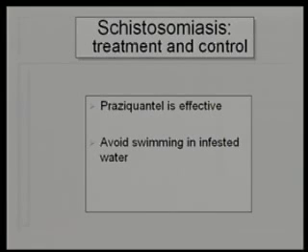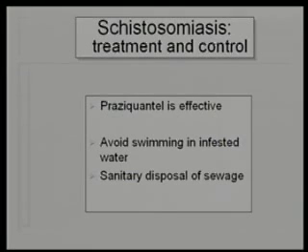Avoiding swimming in infested waters is the preventive measure, and sanitary disposal of sewage as well, so that it does not perpetuate itself. The elimination of the snails is a very important step towards eliminating or controlling this particular infection.